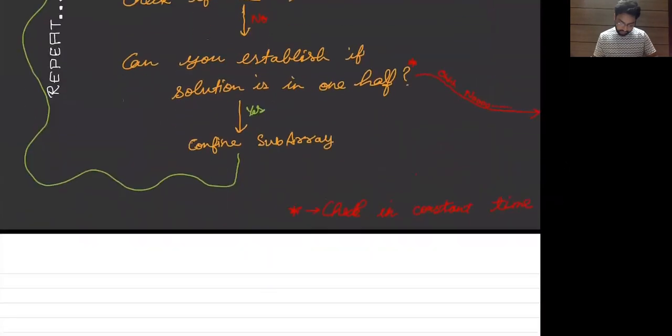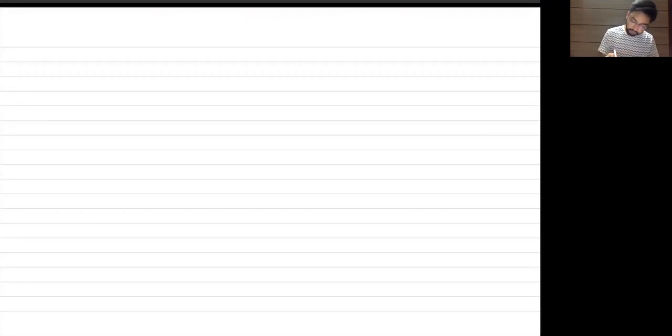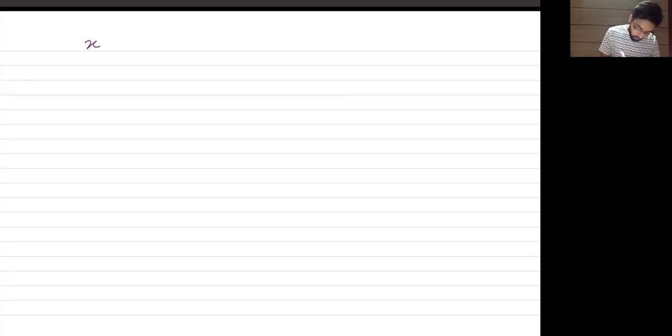So let's try to form all the cases and derive the solution from there. To solve this problem, you first calculate mid and then you find the mid element and then you compare the mid element with x.